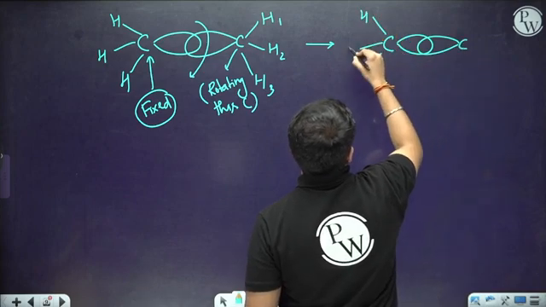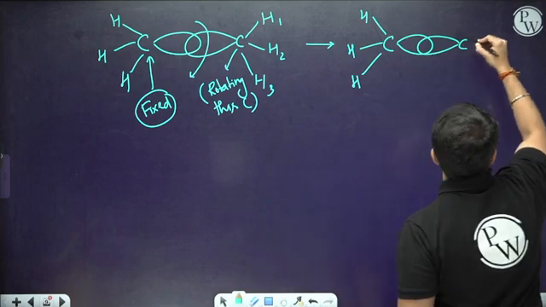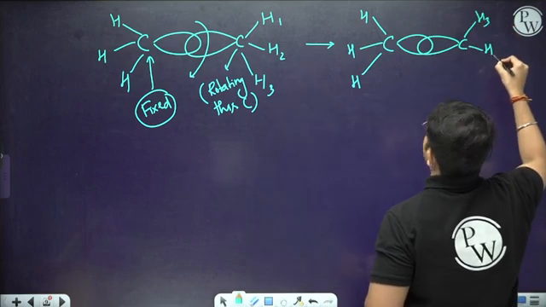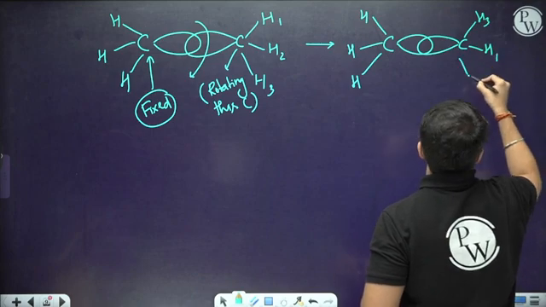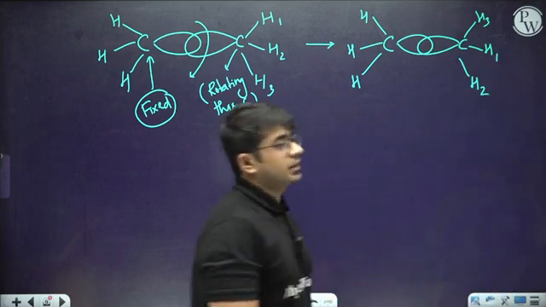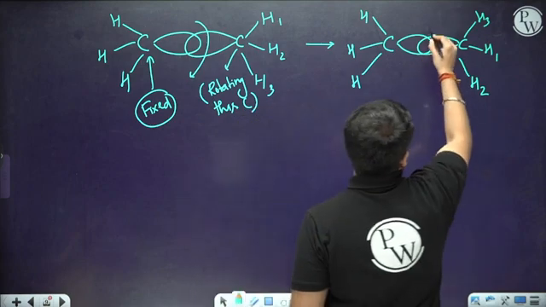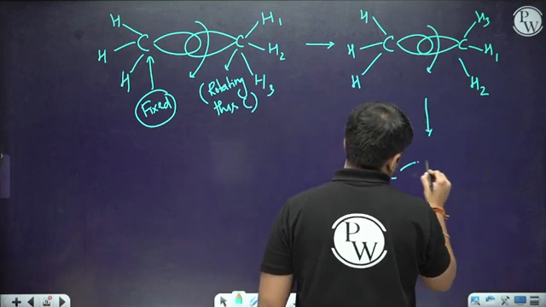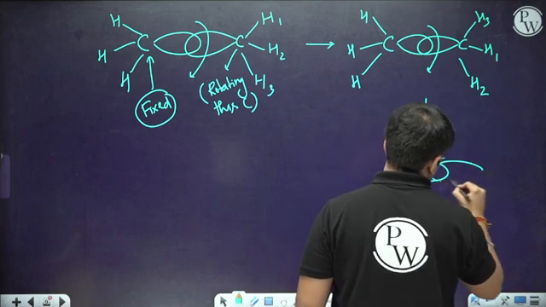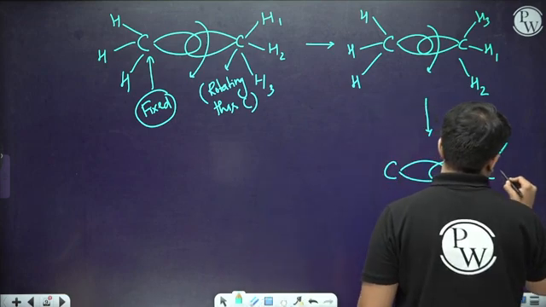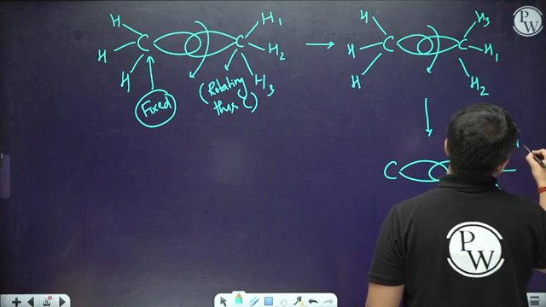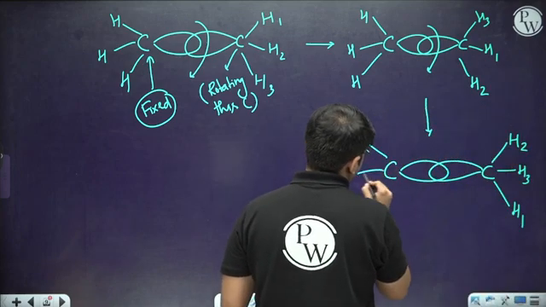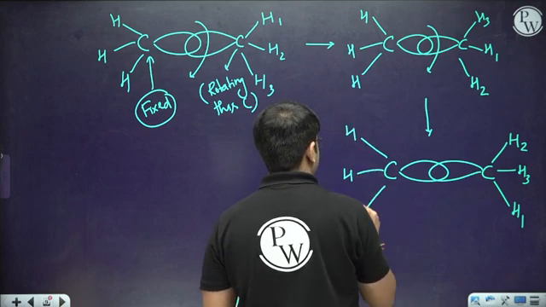So we have H, H and H. Now after rotation, there might be a chance that H3 goes to this side, H1 goes to this side and H2 goes to this side. Again, if you rotate this entire part, it will create something like that, where you now have H2, H3 and H1, and this H is fixed.